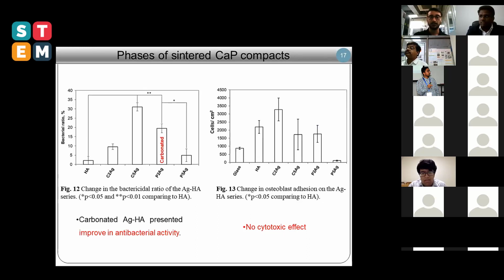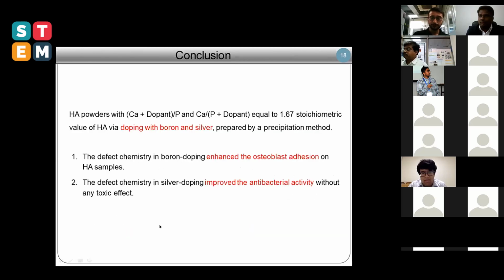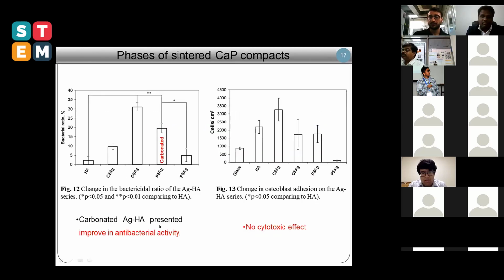Also, figure 12 shows this expectation comes true, in which P2Ag is a carbonated hydroxyapatite compared to C2Ag, and they both have a similar amount of silver in the structure. However, the P2Ag shows a significant difference to pure hydroxyapatite in the bacterial ratio, which we could conclude means the carbonated hydroxyapatite formation improved antibacterial activity.